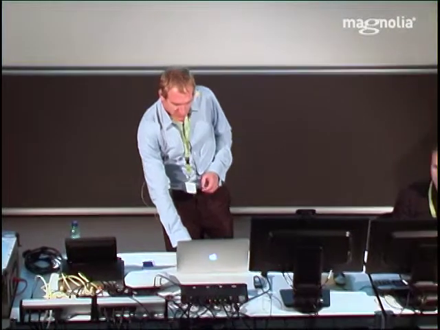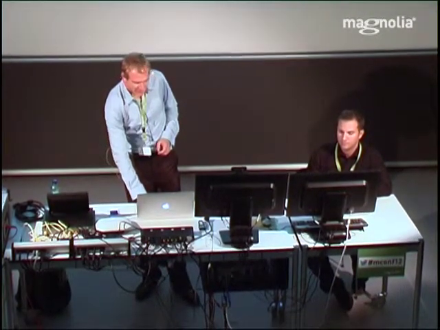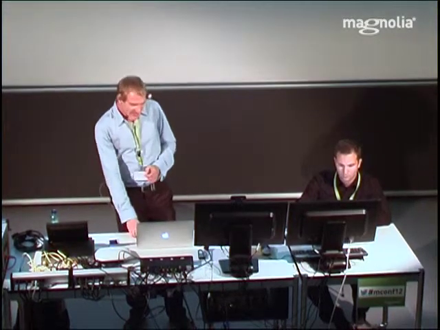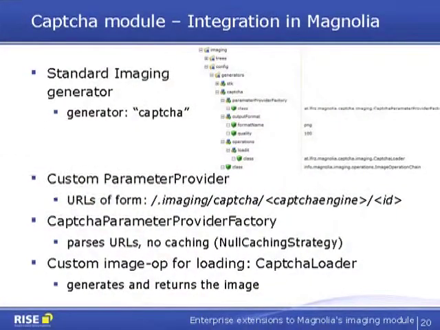That would be the name of the default captcha engine that gets installed with our module. You can see it's cut off here at the bottom. In fact, there are really a lot of configuration options to configure the font, to configure image deformations, and things like that. So that's the integration in Magnolia for the module.